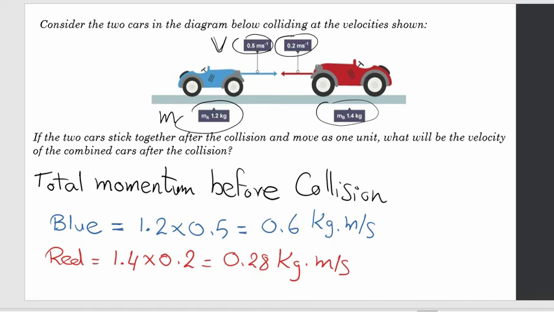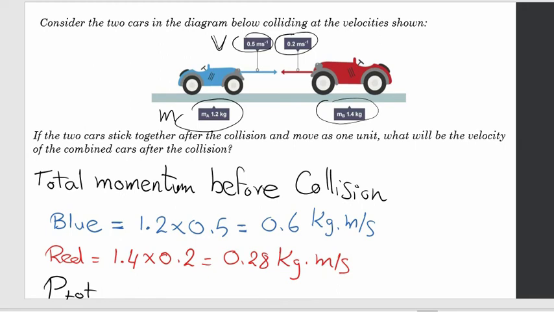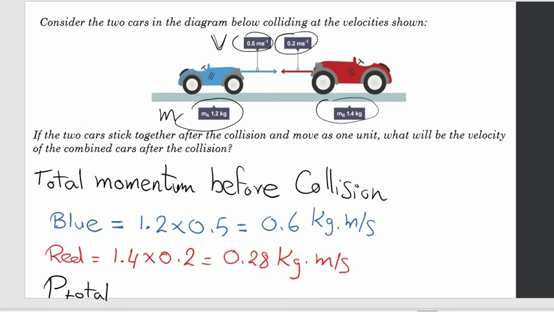This means that P total before the collision is equal to 0.6 minus 0.28, and this is going to be equal to 0.32 kilogram times meter per second.